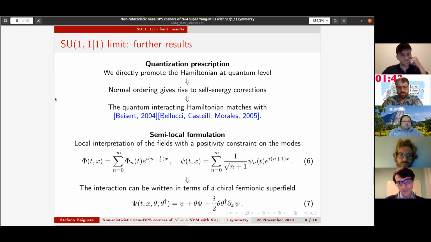But what's the answer to my question? What can you actually compute with the Hamiltonian? In principle, since this matches with the previous computations, you can treat this as a spin chain Hamiltonian as it was done in the planar limit. You can study the action on the states. The point was you're not in the planar limit. Exactly.